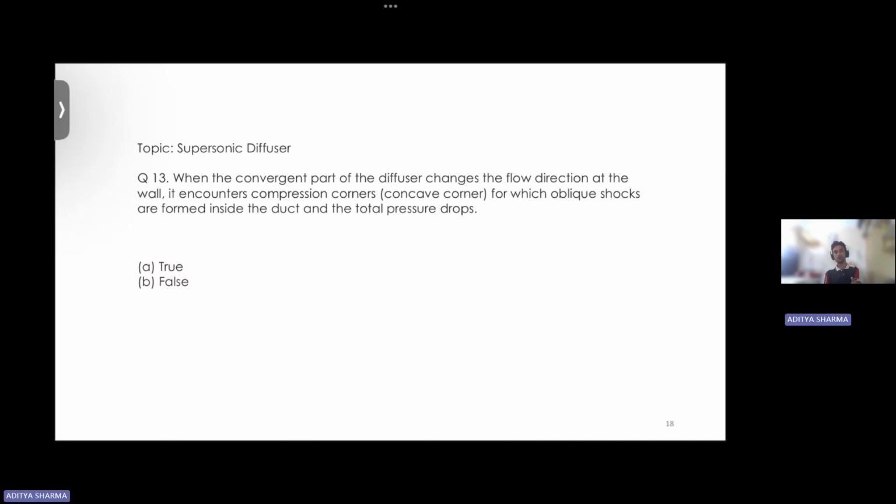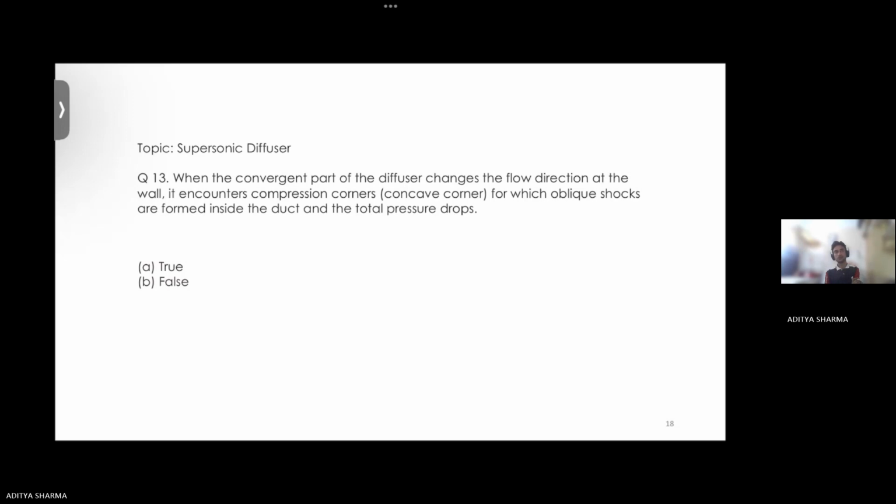That's why we don't prefer to have a normal shock at the beginning. Otherwise, pressure losses will be too high. At early stages, we don't want normal shocks.